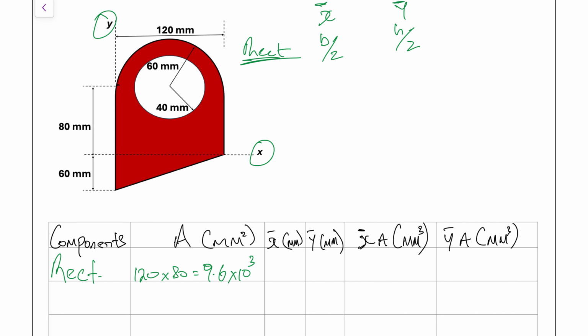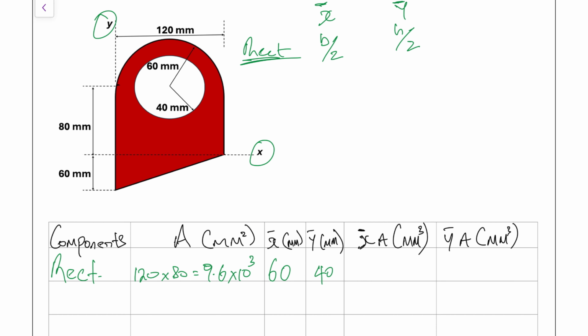So we already know our length along the X axis, that's 120. If we divide that by 2, then we're going to have the 60 millimeters right there. And for Y bar, that's going up in the positive direction up to 80. So when we divide that by 2, we end up getting 40 mil.